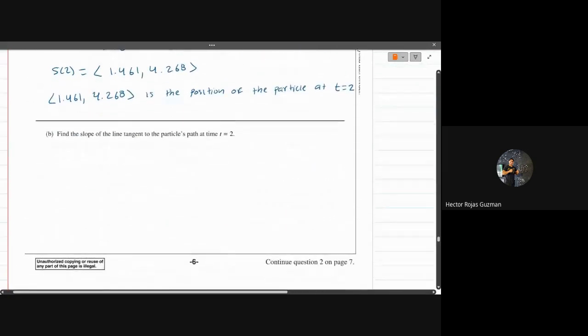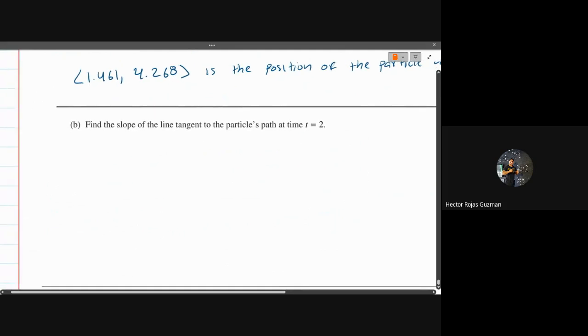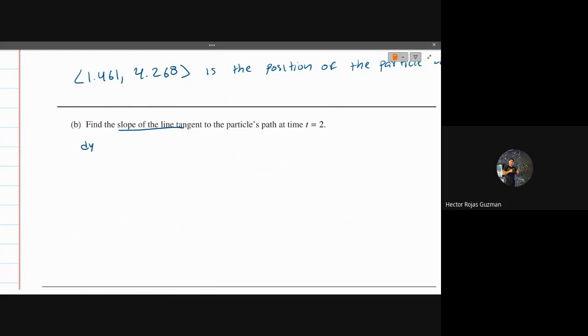All right. Find the slope of the line tangent to the particle's path at t is equal to 2. Well, in order for us to find the slope of the tangent line, which is dy dx, we're going to have to take dy dt and divide it by dx dt. We are not doing the quotient rule. We are just taking the two derivatives and dividing them. So y prime is e to the t times sine of t squared, and x prime is cosine of t squared.